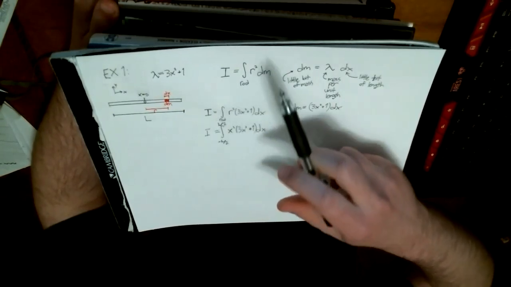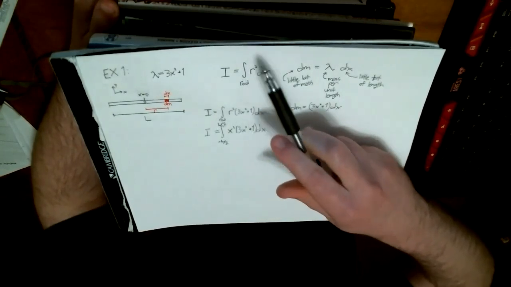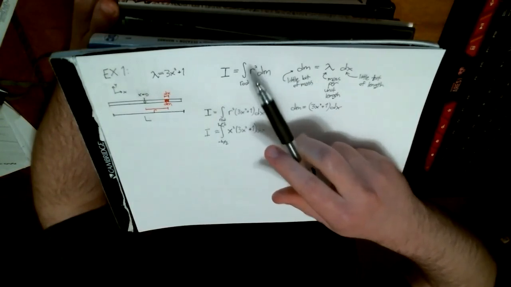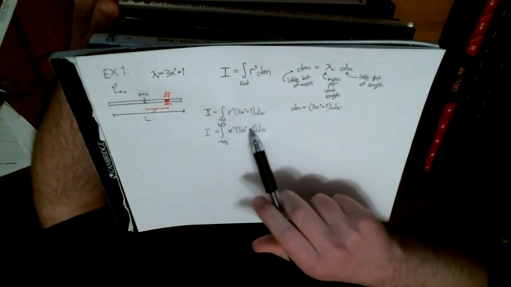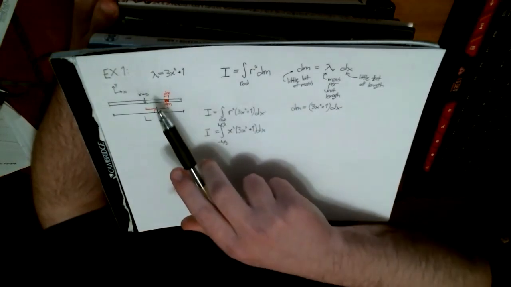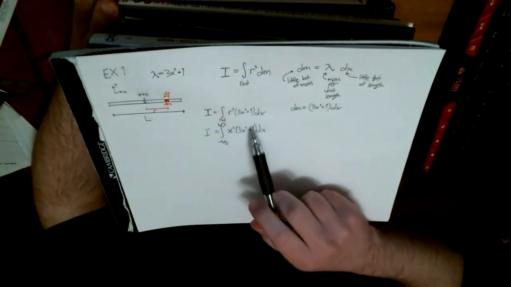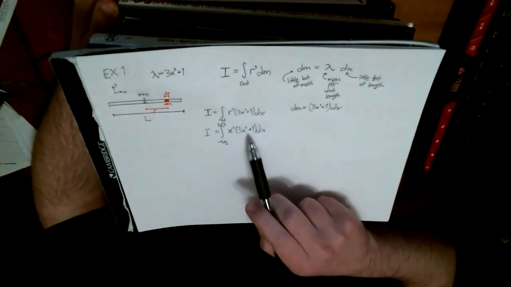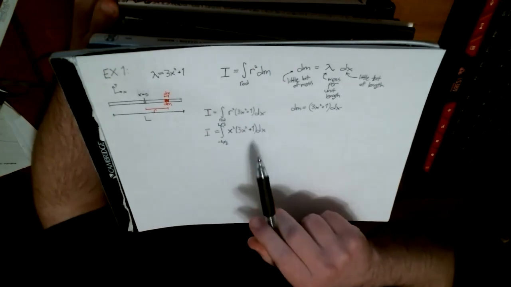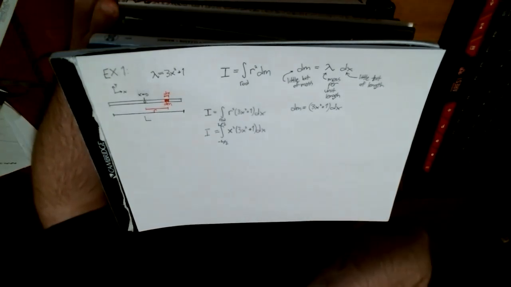So we started with our general form for the moment of inertia integral, and we wind up with an integral where everything is in terms of x and the limits of the rod in the problem. So now we've got something that we can actually integrate and find the moment of inertia for the rod.